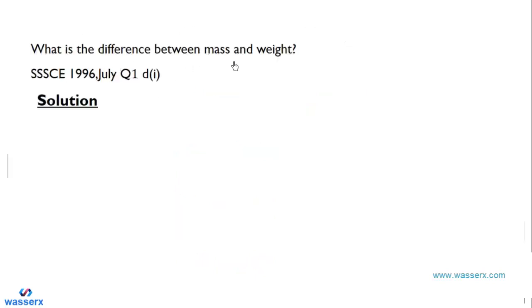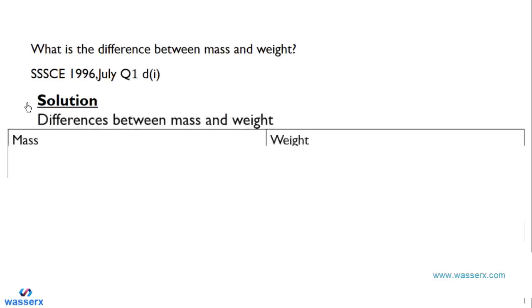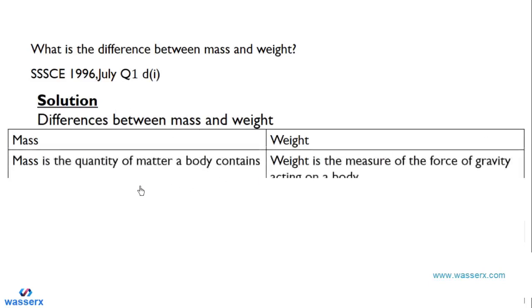What is the difference between mass and weight? This is SSCE 1996. So let's look at the differences. We have mass and we have weight. First, mass is the quantity of matter a body contains.